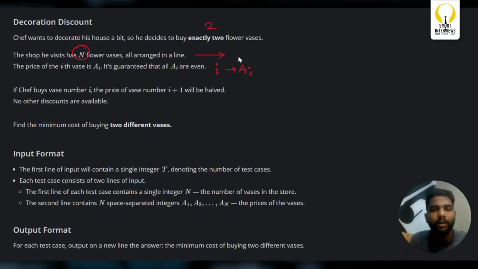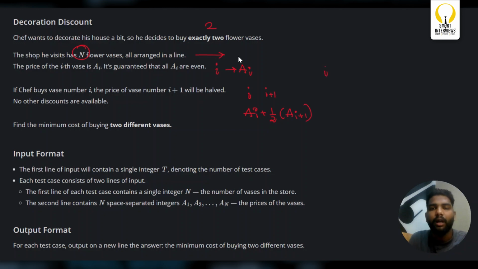What is the discount? If he buys the ith and (i plus 1)th flower vases, the cost would be a of i plus half of a of i plus 1. This is only for two adjacent flower vases.